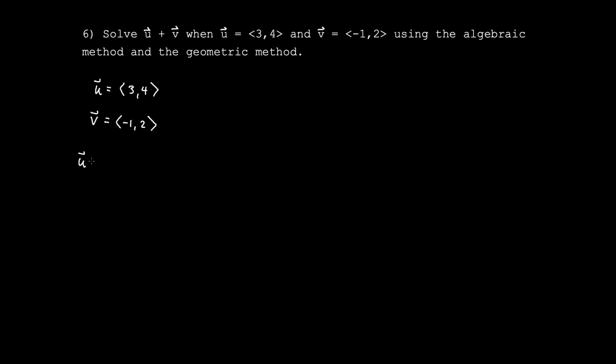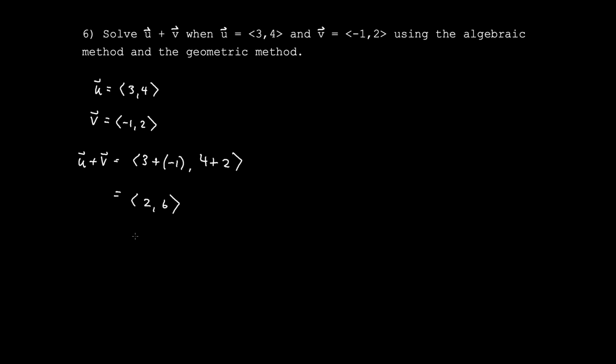Now u plus v is as simple as adding these components together. So 3 plus -1 would be the x component, and 4 plus 2 would be the y component. By simplifying this, we get (2, 6).